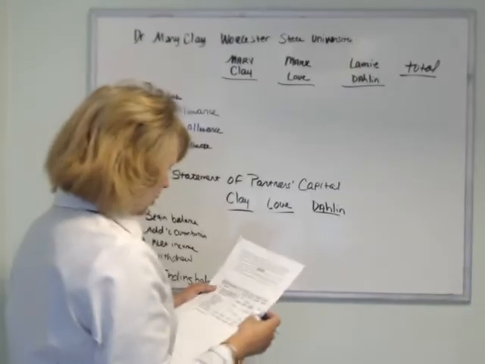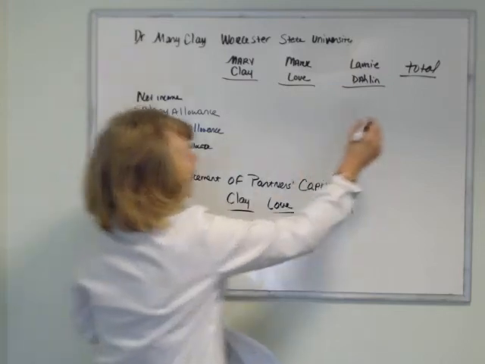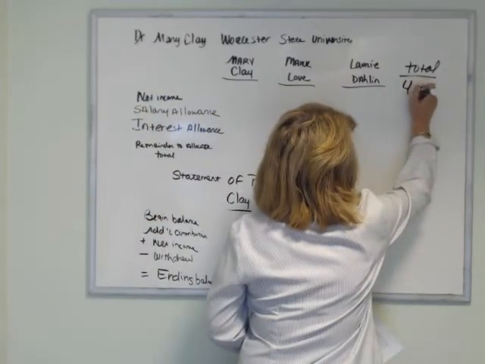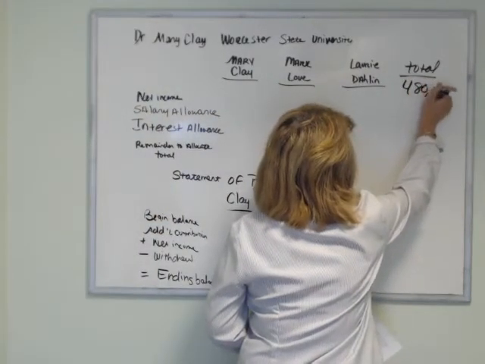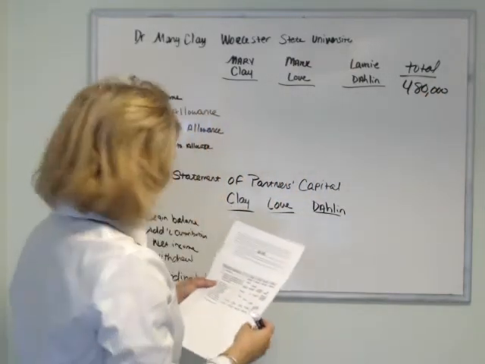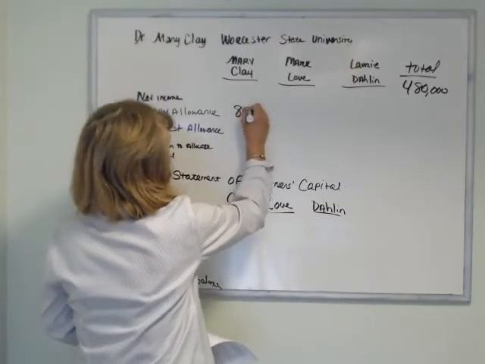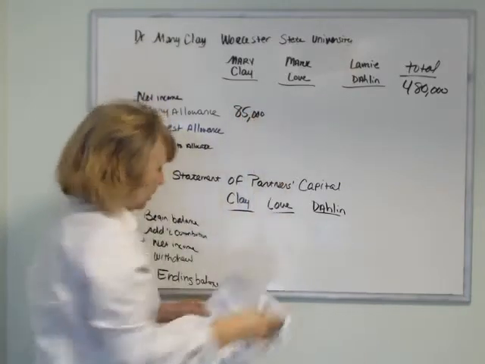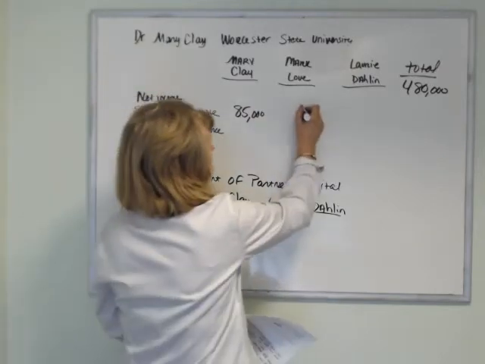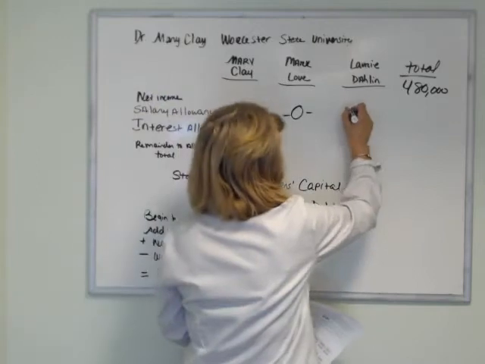Okay, so Clay is guaranteed, and I'm going to write the 480 right here. Very important, because we're going to break this down. We're going to allocate that 480. So Clay gets 85,000. Love gets 0. DeLean gets 65,000.